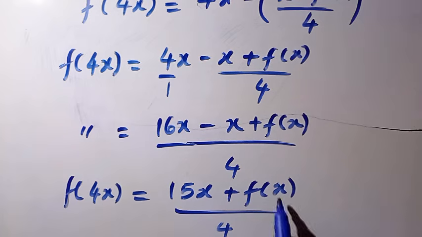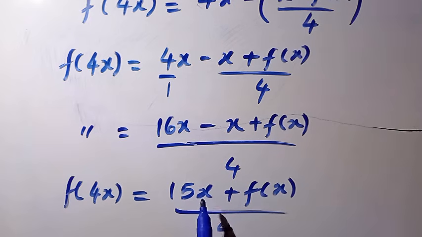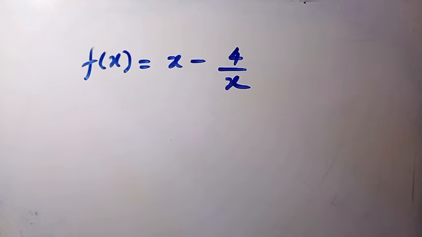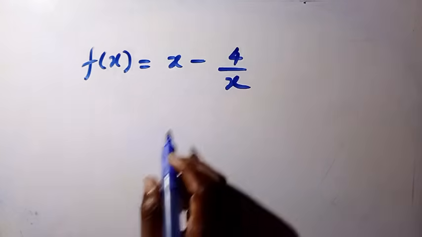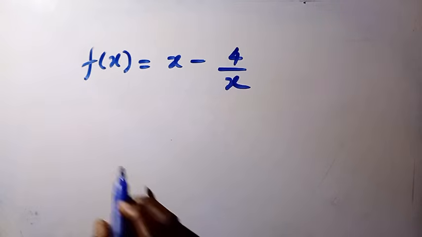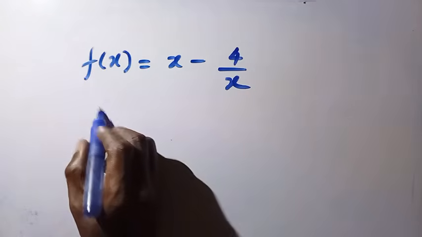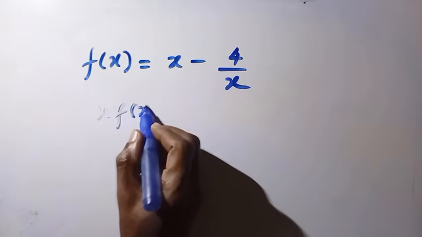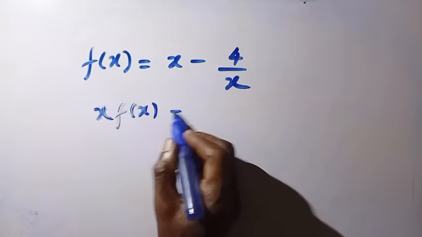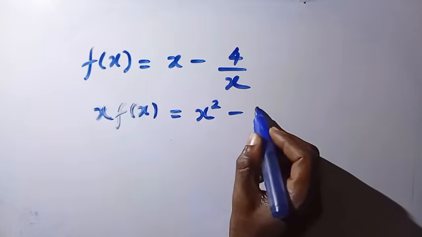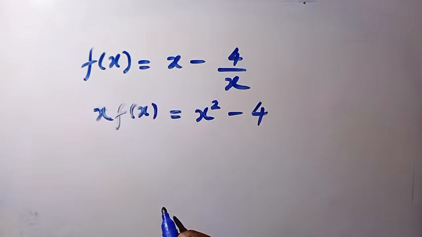Truly, we've obtained f of 4x in terms of f of x, but this is still in x. We want to leave everything here in terms of f of x. Let's try to look for the values of x. Now to get the value of x, we're still going to consider from here. If I multiply through by x, we are going to have x f of x equals x squared minus 4.